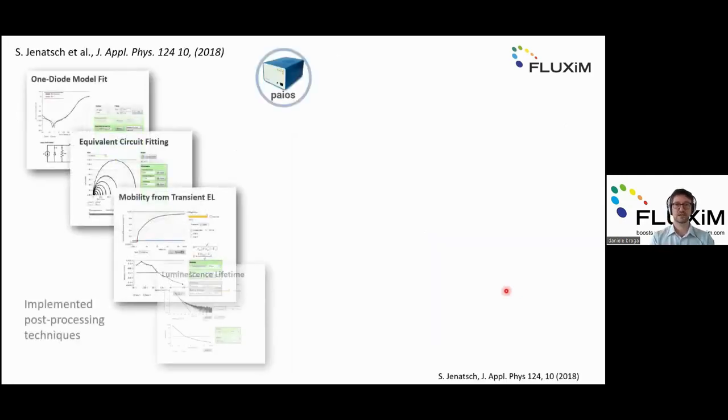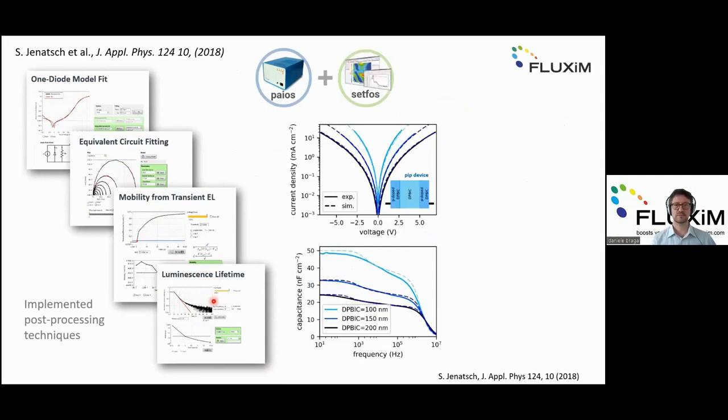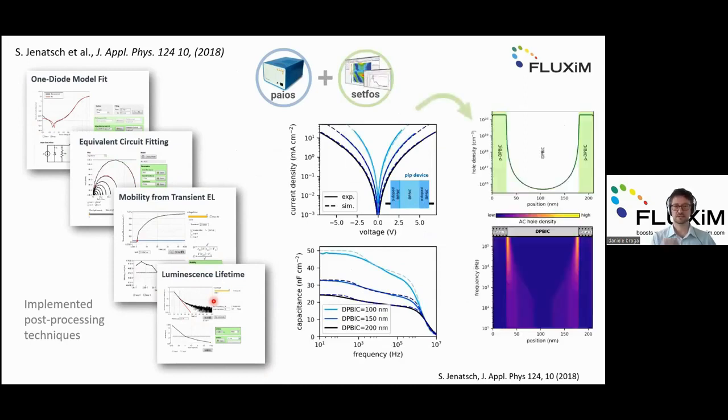Paul is using PIOS, performing the experiments, and also performing some analytical fitting of the data, whereas with a combination of SetFos and PIOS, the collaborators can dig into the physics of the device. In this case, for example, we have a PIP device, PIP junction, JV characteristics or capacitance versus frequency.